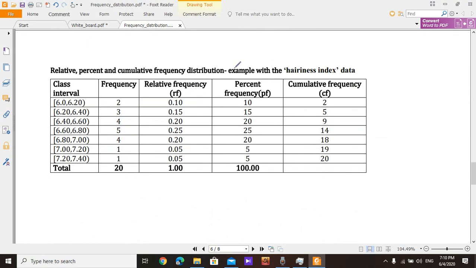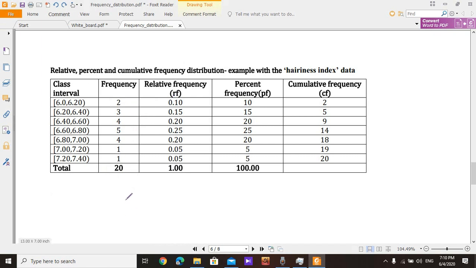If we construct a frequency distribution, then we can calculate other measurements like relative frequency, percent frequency, and cumulative frequency. So what is relative frequency? For example, for this class the frequency is 2 and the total number of observations is 20.